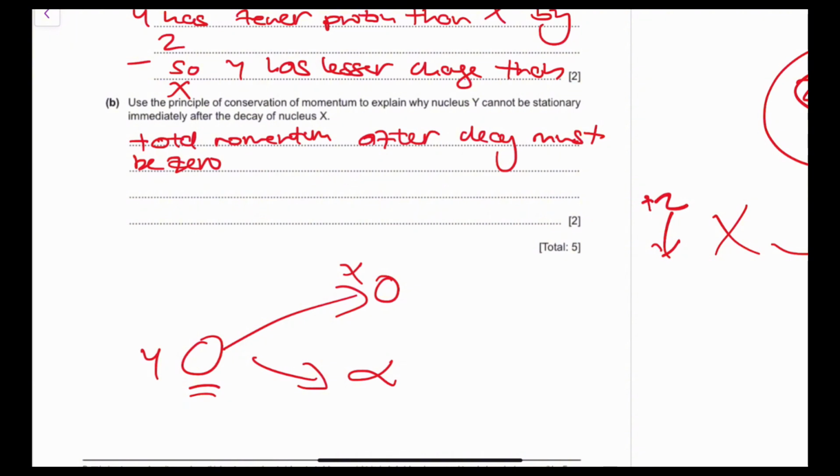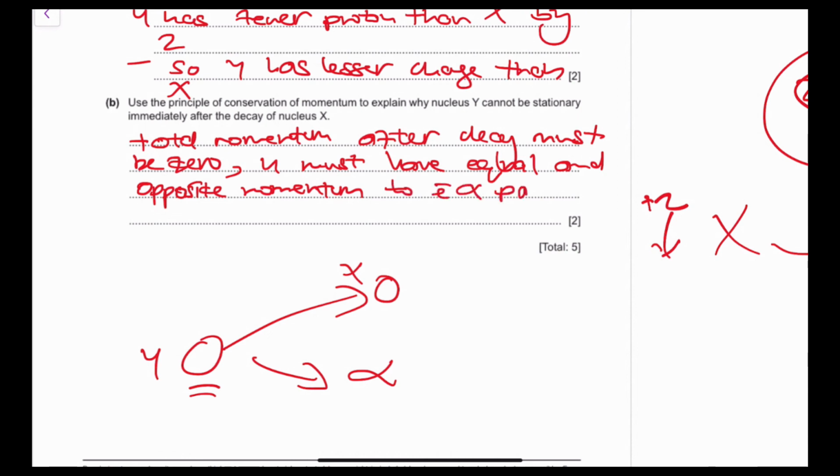So Y must have an equal and opposite momentum to the alpha particle. Hence it cannot remain stationary.